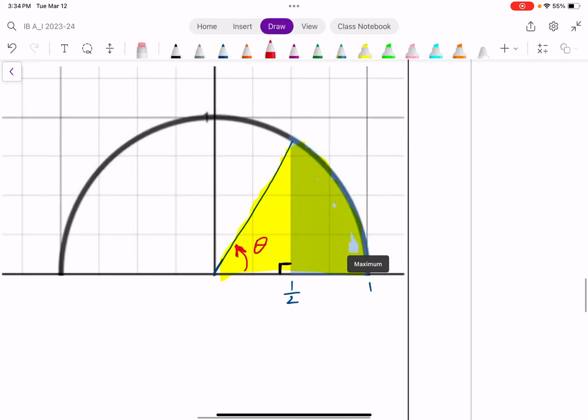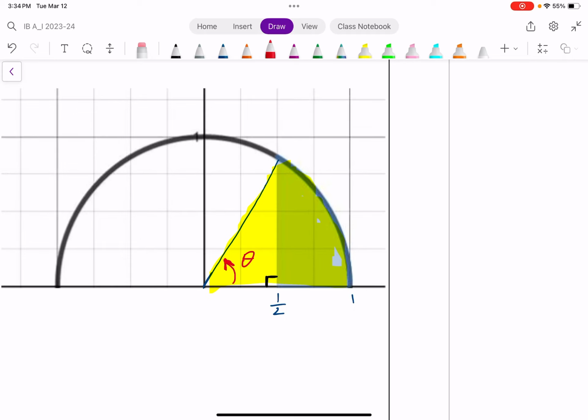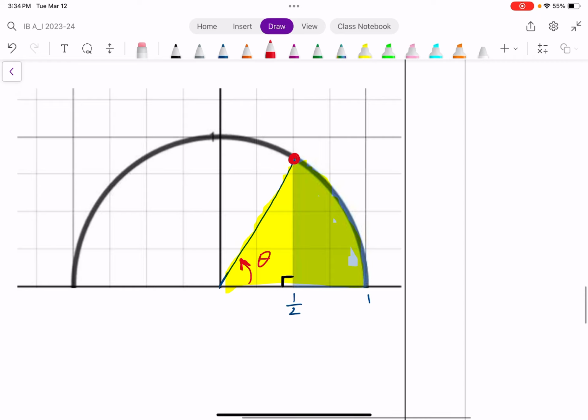So let's look back at my visual here. To find this angle, what do I know? Well, I don't know the height there yet, but I do know this from here to here is the radius. So this is exactly 1. And I do know from here to here is exactly 1/2. And I know I have a right triangle here. So I can find theta using some basic trigonometry. I can use the cosine function, for example.